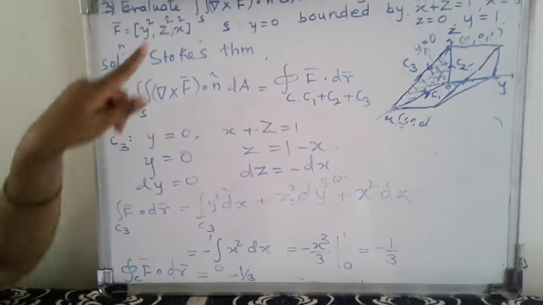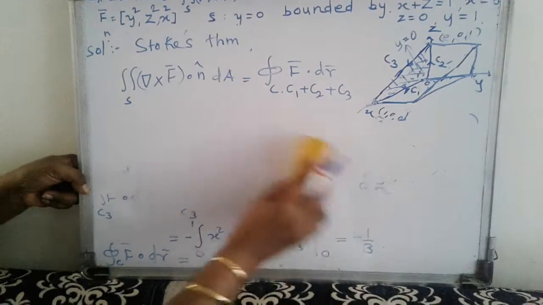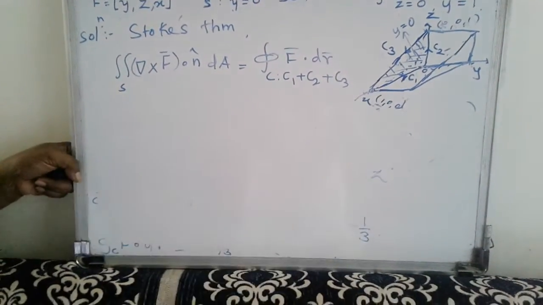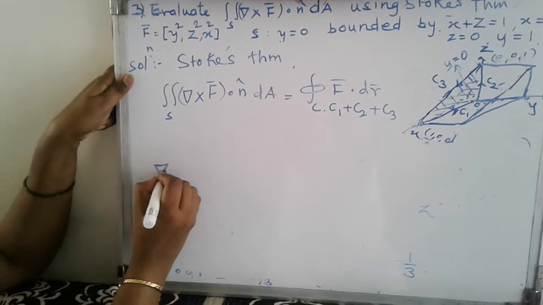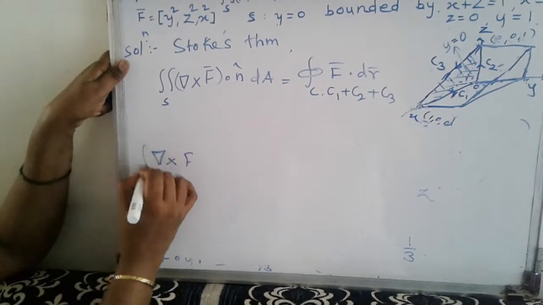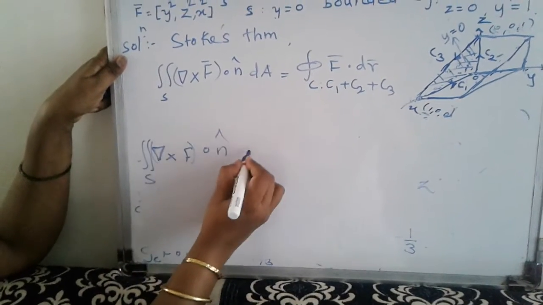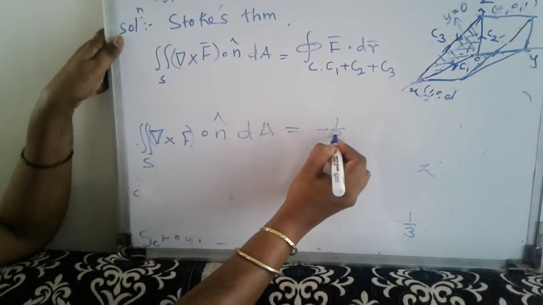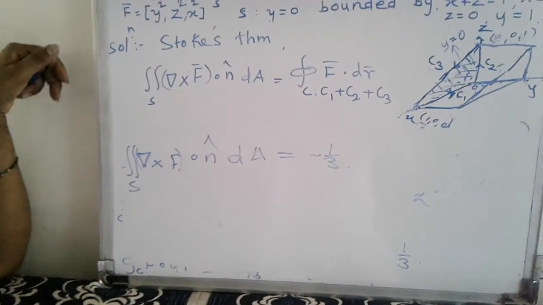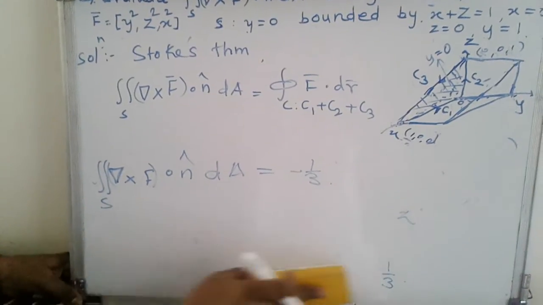The question here is to evaluate this surface integral, and therefore the value of this surface integral, del cross f bar dot n cap dA, is equal to minus 1 by 3. So it is exactly the same value which we got in the last video lecture.